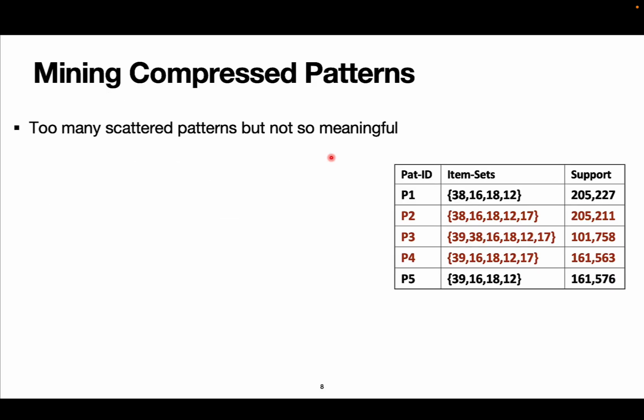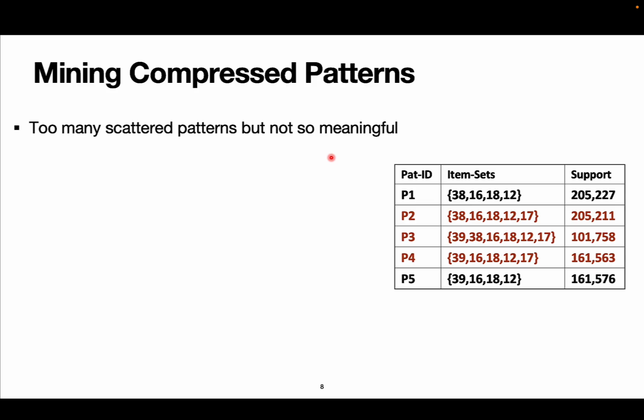Moving to mining compressed patterns, let's start with some motivation. When we run pattern mining algorithms in class or homework, we usually work with small datasets. But in practice, these algorithms are applied to very large datasets. For example, imagine analyzing all the transactions at Amazon.com for the last 20 years or so.